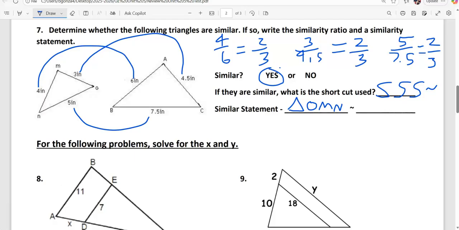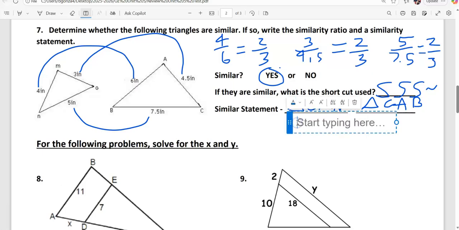And then on the other one, triangle CAB, we're just matching the corresponding angles in the same order. And we cannot forget that order matters.